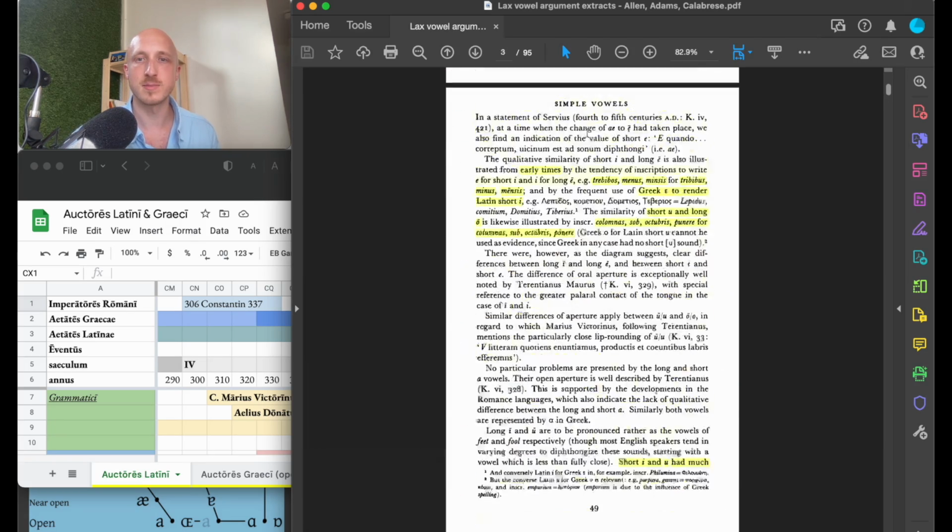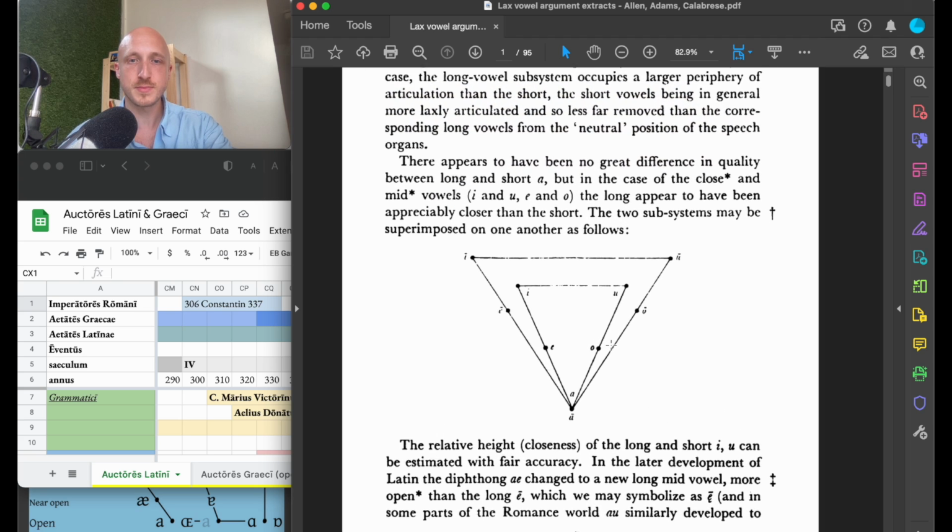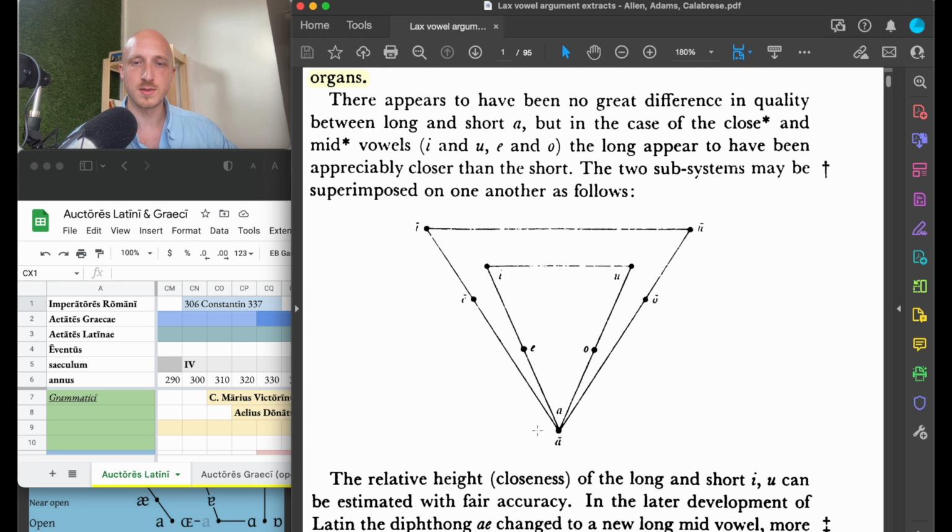So if we go back up to his chart here, there basically are 5 qualities, at least on the outside, represented, right? So a, e, I, u, o. So those are qualities. And he's saying that at least 4 of the short ones have different qualities as well as having different lengths.